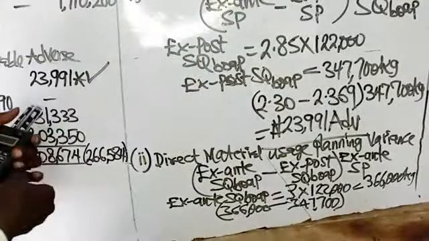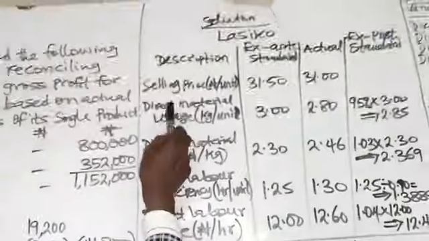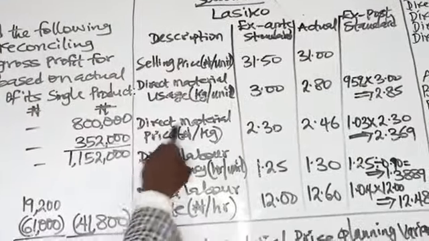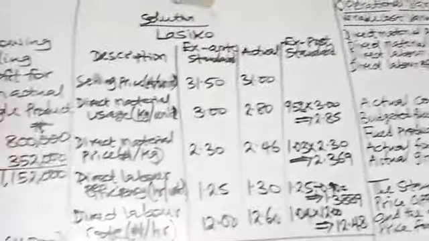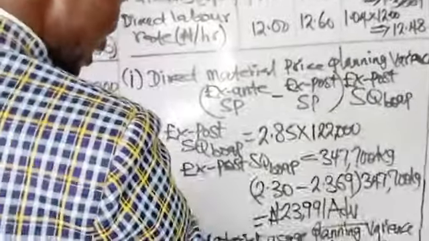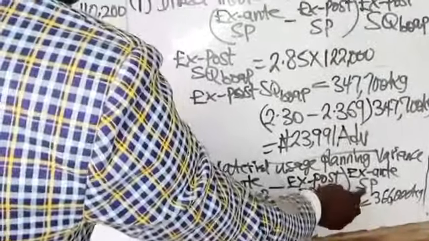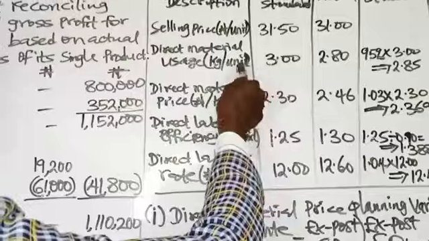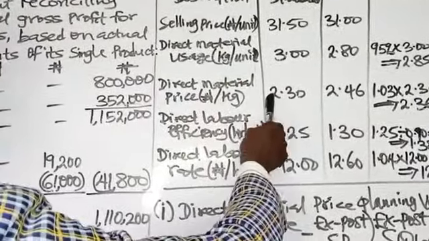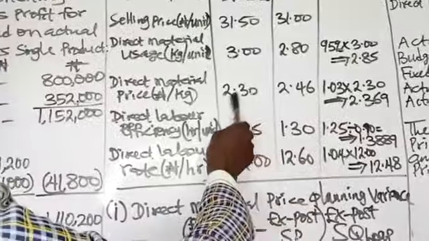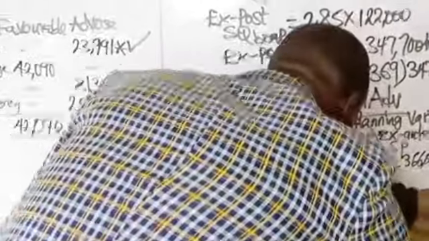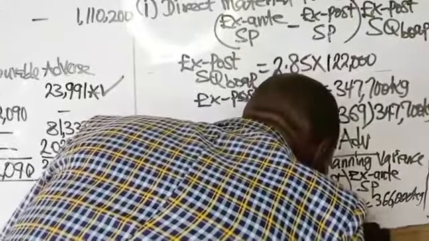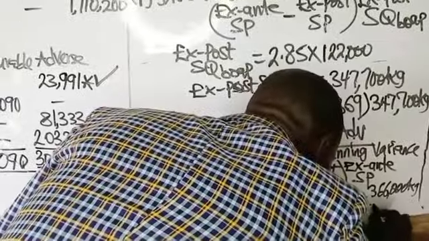Now, our ex ante standard price, this is direct material price. We have ex ante standard price here as the weight. So here, this is direct material price, this is ex ante, and this is ex post. So our ex ante standard price is 230 kobo, so we multiply by 2.30.